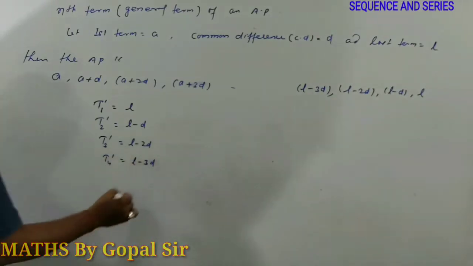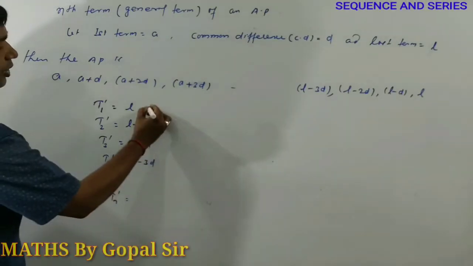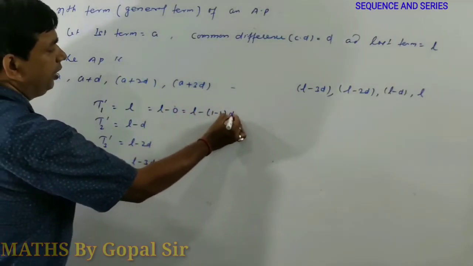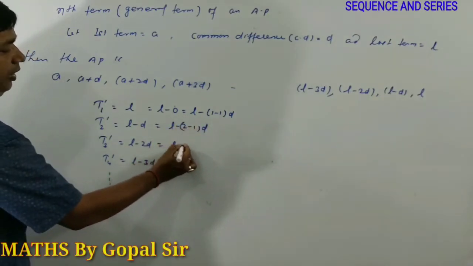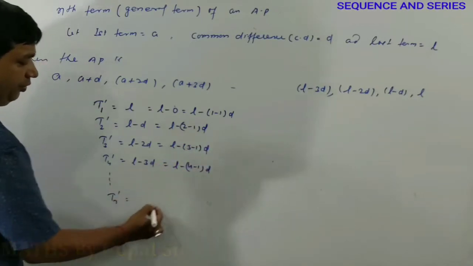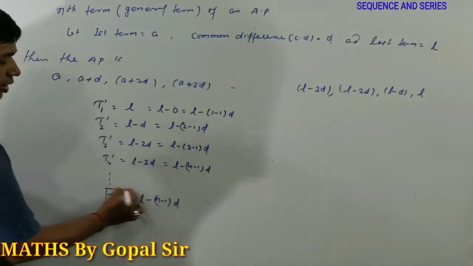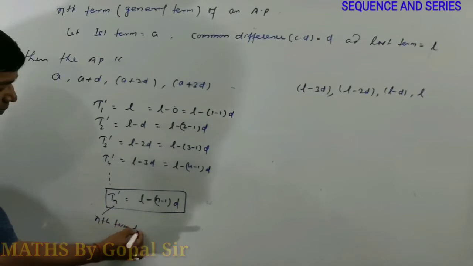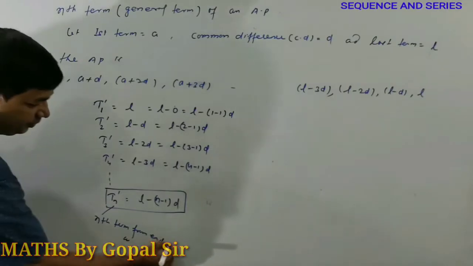So we can write L minus 0, then L minus (2 minus 1) into d, L minus (3 minus 1) into d, L minus (4 minus 1) into d. Following this, the nth term is L minus (n minus 1) into d. We can say this is the nth term from the end, or the nth term from last.